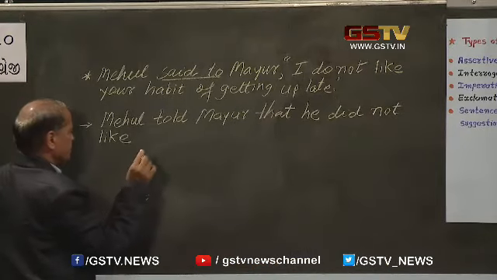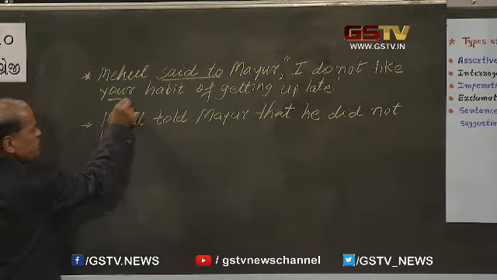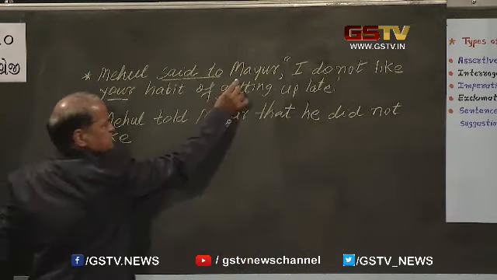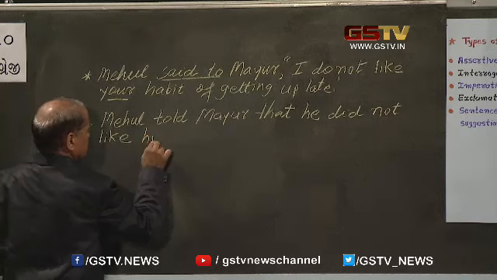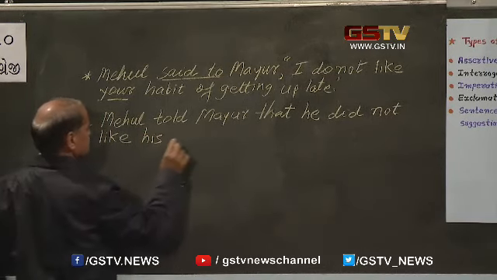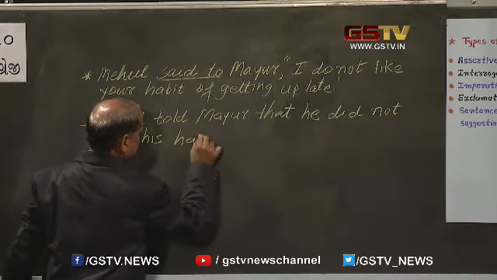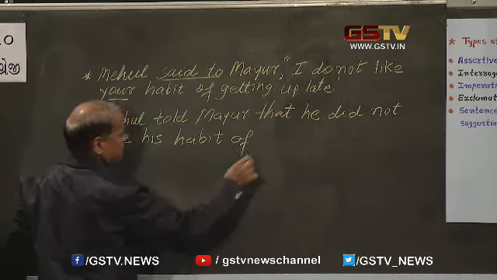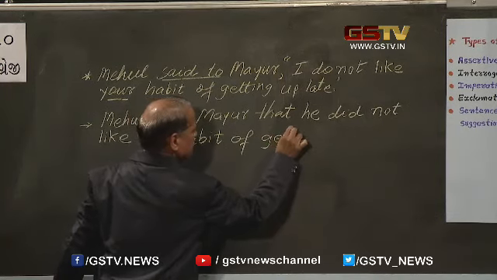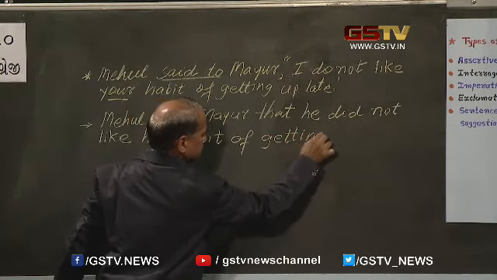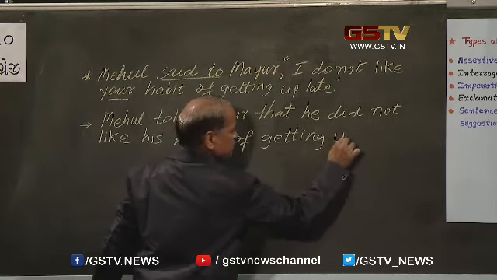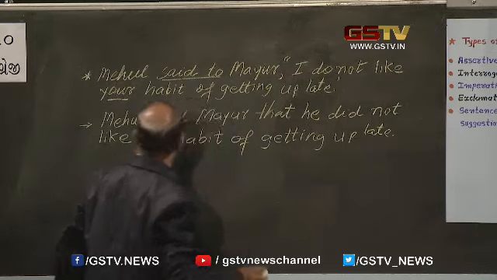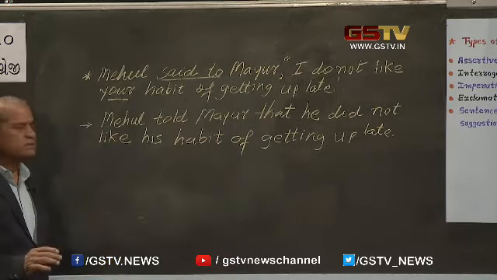He did not like. Now, your is converted according to the listener. The listener is Mayur, means like his. Now, this sentence is complete.